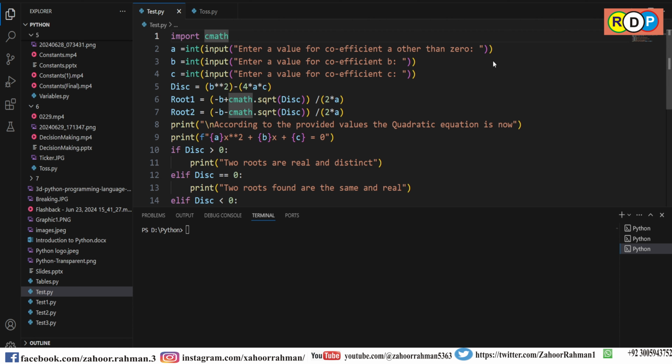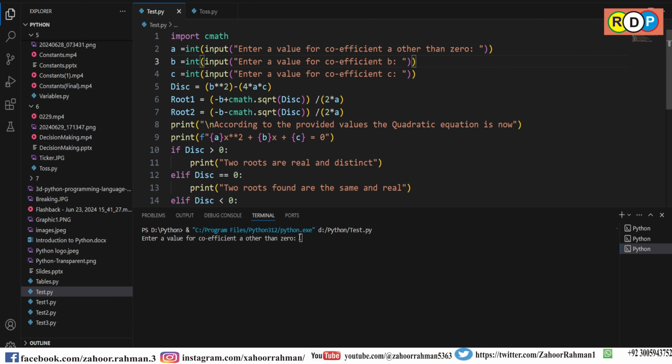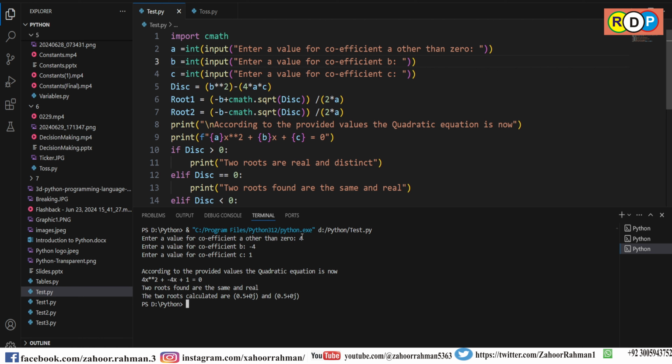This time I will give different values from the first one. First is 4, minus 4, and then I am giving 1 as the value. In this case you can see 4x square minus 4x plus 1 is the general form. Two roots found are the same and real.